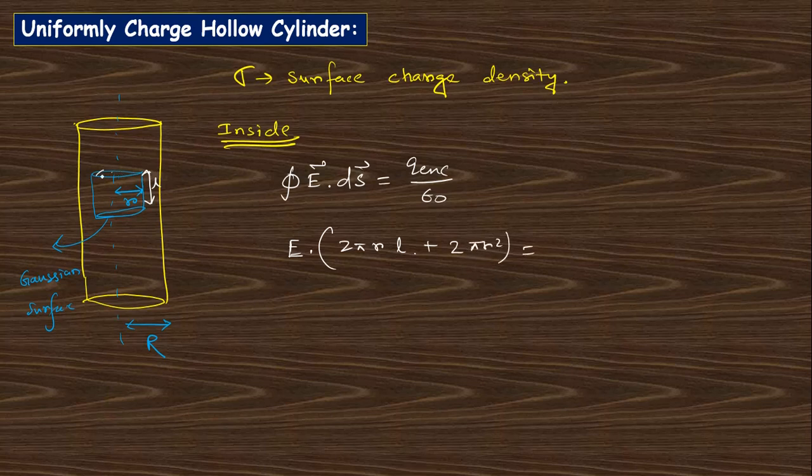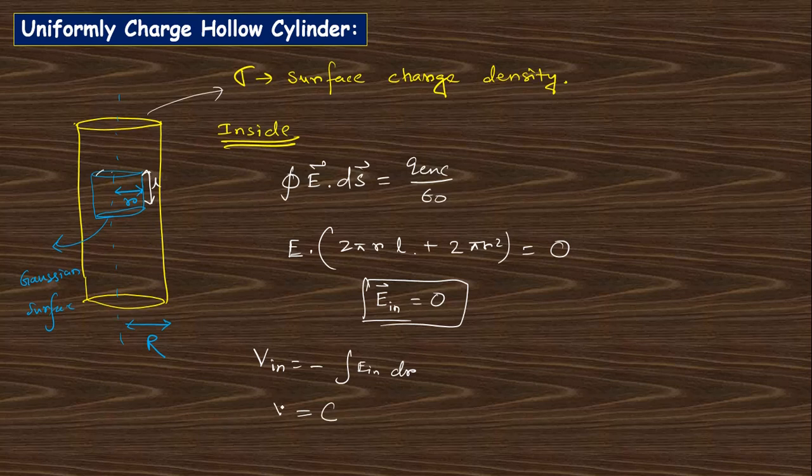But the charge enclosed within this is 0, because the charge is on the outer surface. So this is 0. So finally the inside electric field is nothing but 0. In case of the inside, the electric field is 0, so the potential V in is nothing but integration of E dr. So integration of 0 is constant, so V in will be some constant.